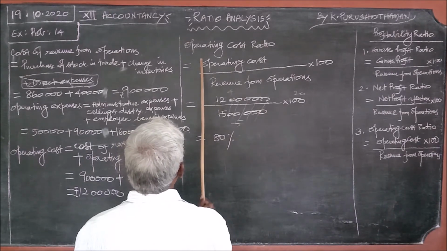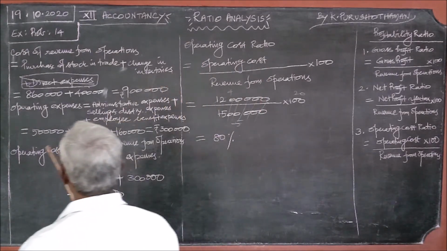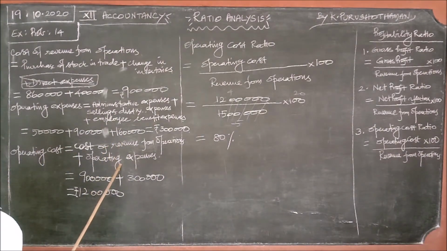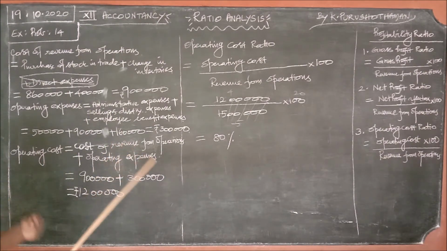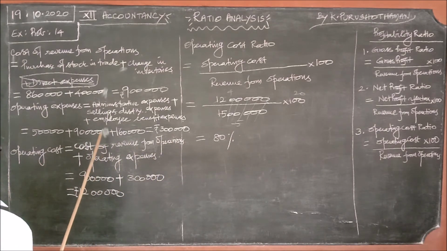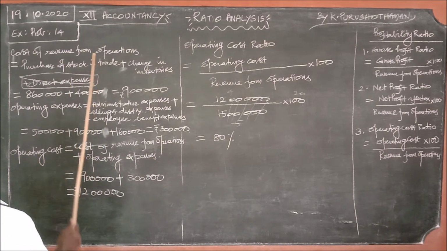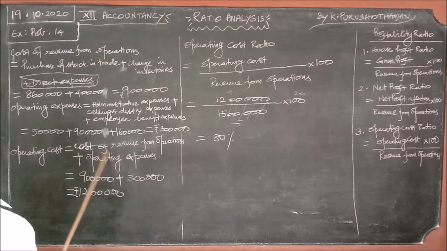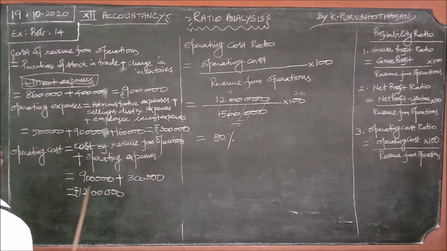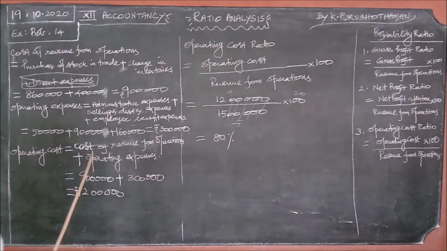Our intention is to find the operating cost. To find the operating cost, we should know these two items. These two items are given in the problem, so we should find the answer for each separately. Then we add them together to get the numerator value, operating cost.